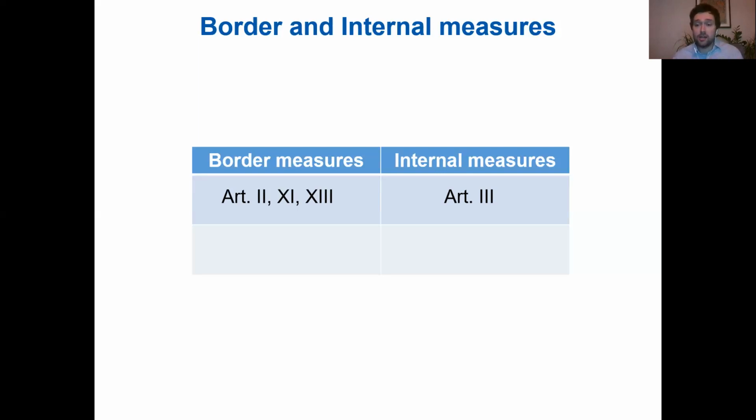And summing up, Article 1, does it apply to border measures? Yes, clearly so. It applies to customs duties, customs formalities, all charges in connection with importation, transfer of payments, and so on. Does it apply to internal measures?